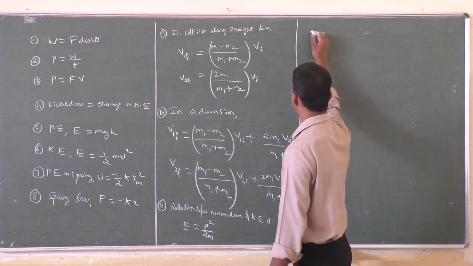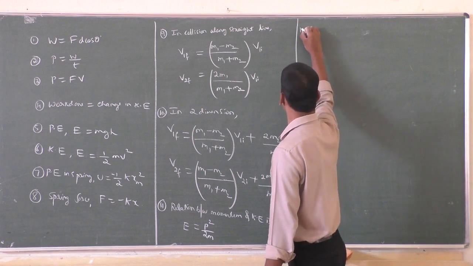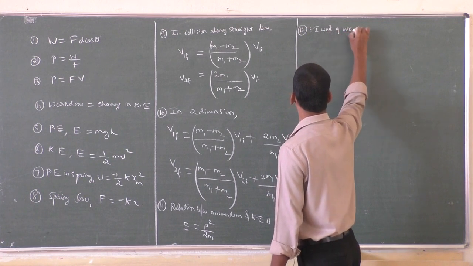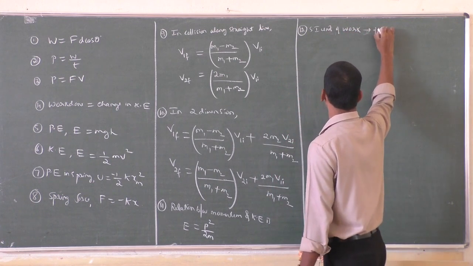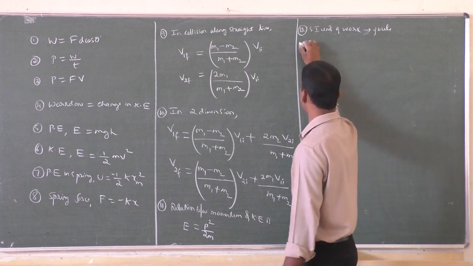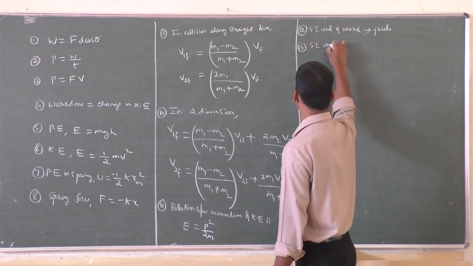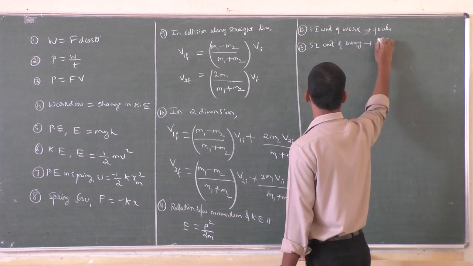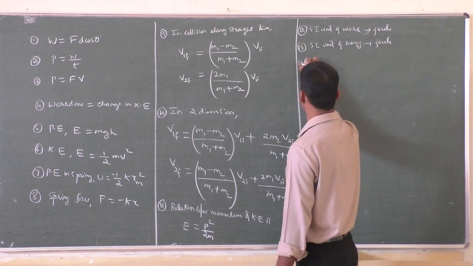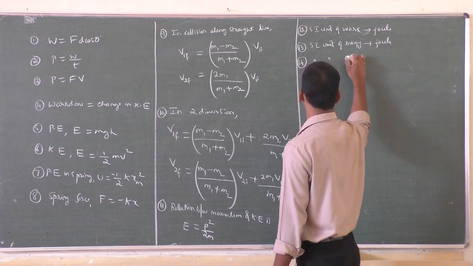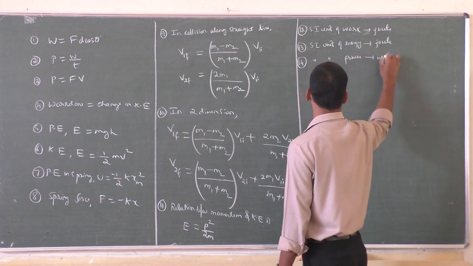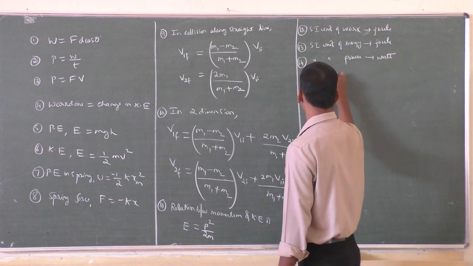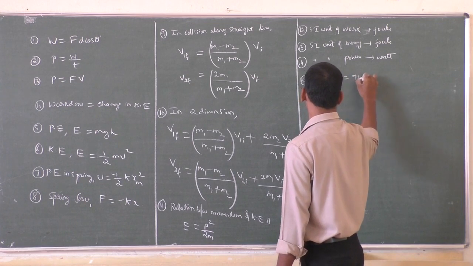Now next are the different SI units. 12th one, the SI unit of work is joule. 13th one, the SI unit of energy is also joule. Next one, the SI unit of power is watt. 1 HP is equal to 746 watt.